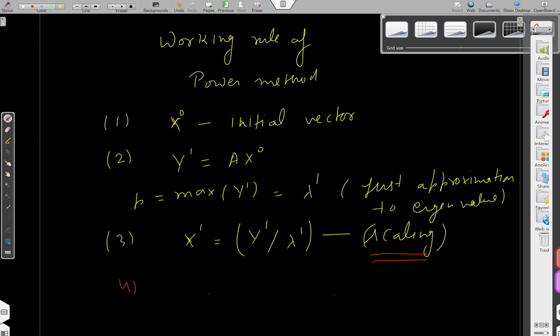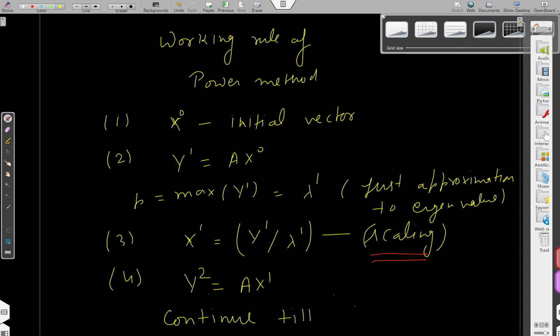And the fourth step will be: now compute y2, that is A x1, and continue this process till we get the desired accuracy.